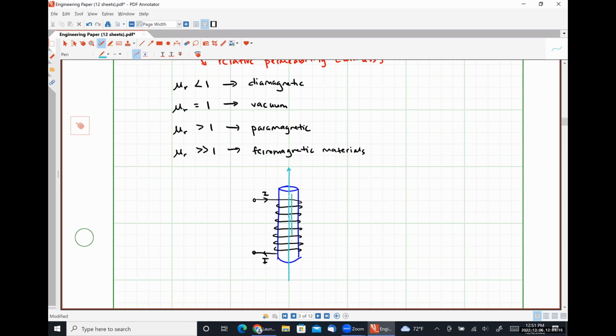But when we get close to the boundaries, we're going to see that the magnetic field lines, and so our flux, kind of leaks out. And because we know from Gauss's law that our field lines need to form closed loops, we're going to have something that looks like this.